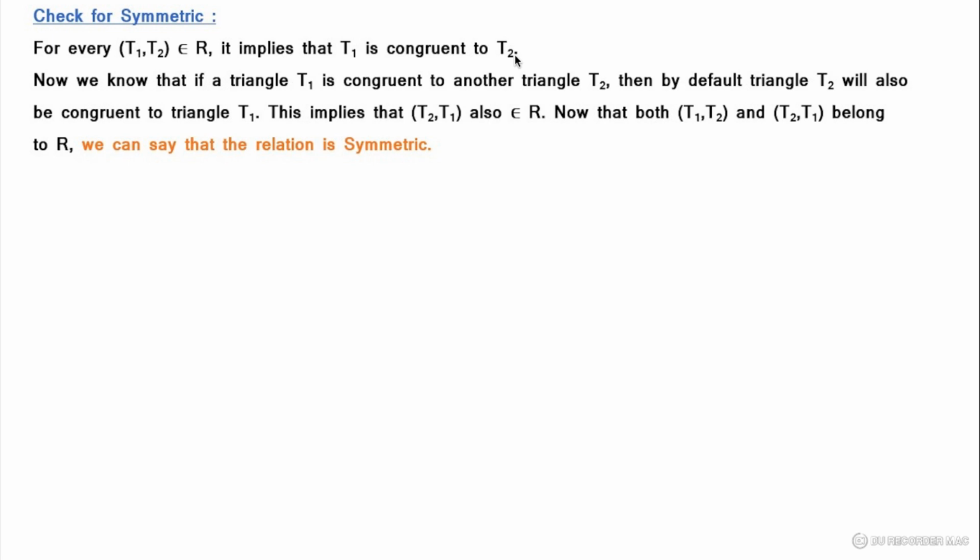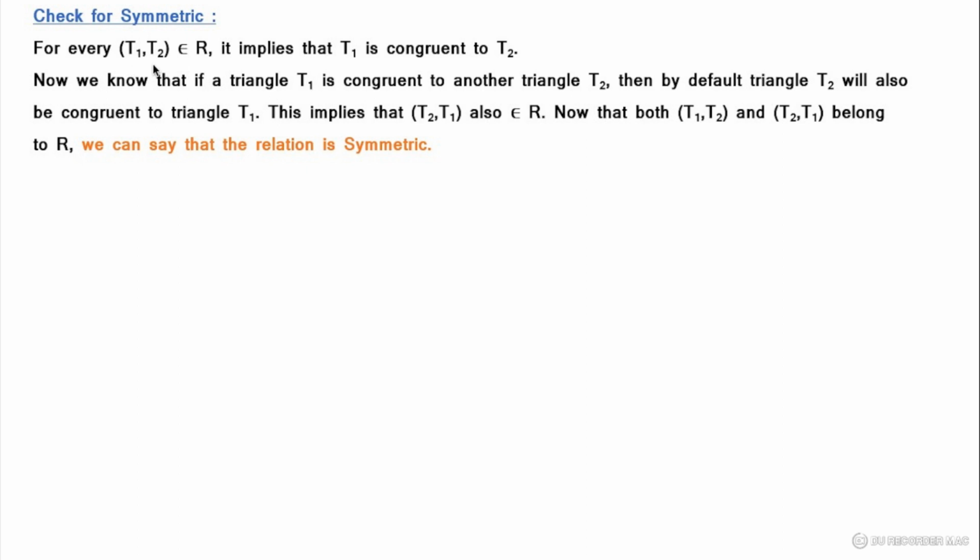Okay. Now moving on. Let's check for symmetric. For every T1 comma T2 belonging to R, what does it imply? It implies that T1 is congruent to T2. Now we know that if a triangle T1 is congruent to another triangle T2, then by default triangle T2 will also be congruent to triangle T1.